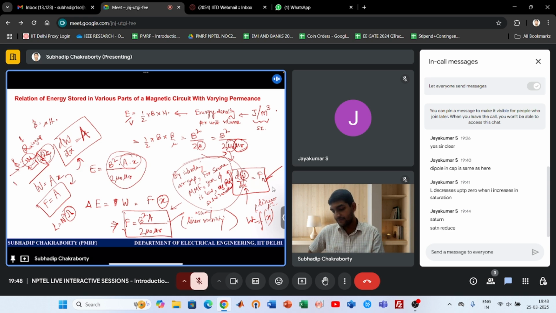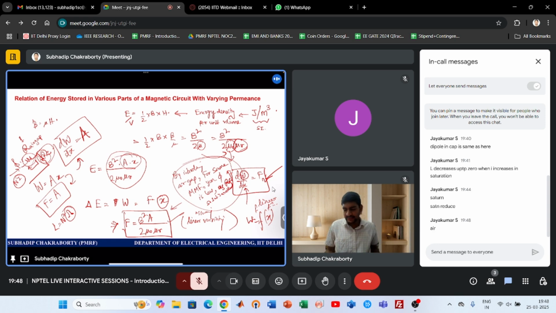So for the given MMF, you have some fixed flux circulating inside the magnetic circuit. Now tell me, of the two parts, the air gap and the core, which is storing more of the energy? Is the air gap storing more energy or is the core storing more energy? Magnetic energy, I am telling. You can see that from the curve by the co-energy and energy I told you about, as well as from here also.